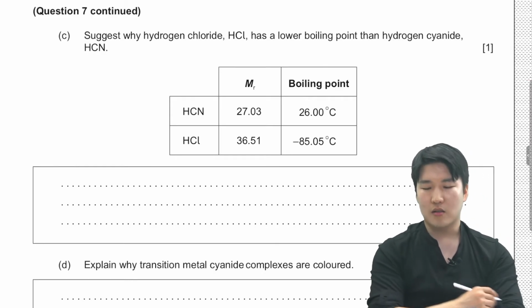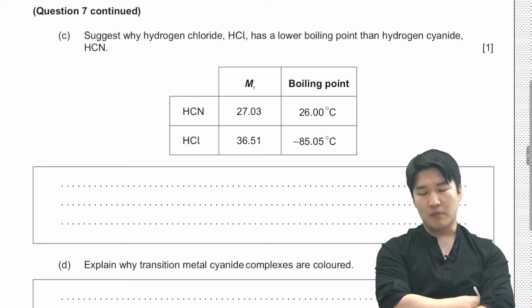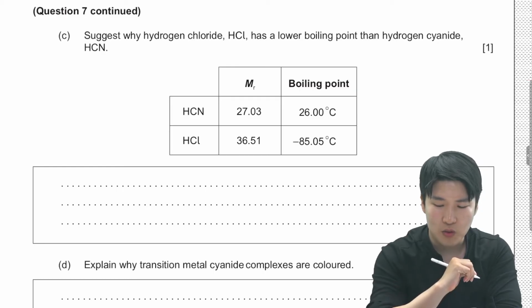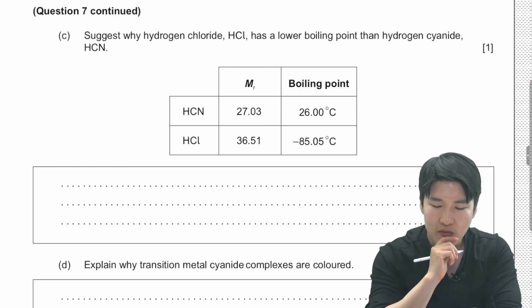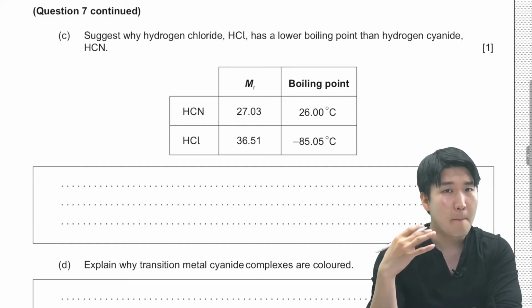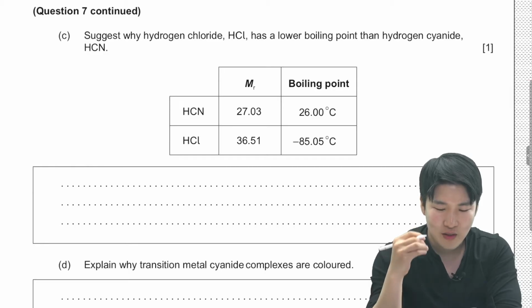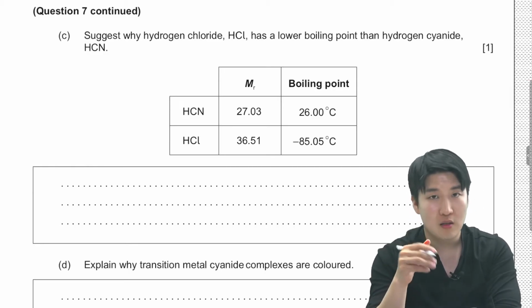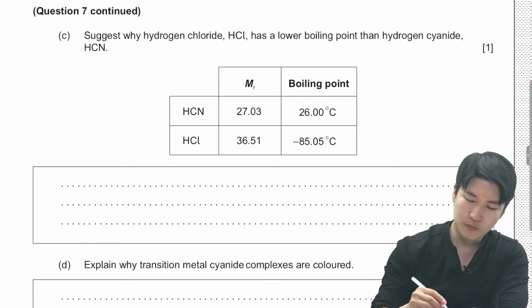The molecular masses are similar. In fact, HCl is bigger, which means that HCl has greater London dispersion forces. None of them have hydrogen bonding, which means that dipole-dipole forces for HCN must be significantly stronger than HCl, or dipole-dipole for HCl significantly weaker.